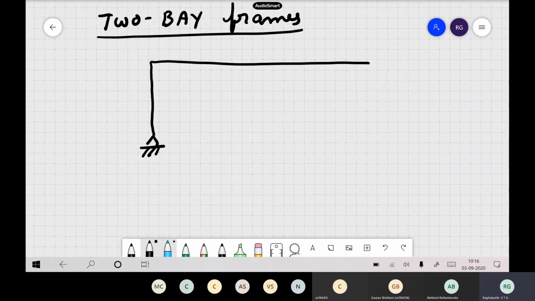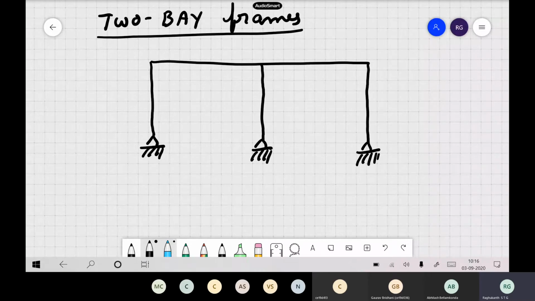Now let us assume that all are simply supported. So you have a two-bay frame, two bays are there. Let us say this is A, then B, then C, D, this is E, and then F. Now you have this load P.